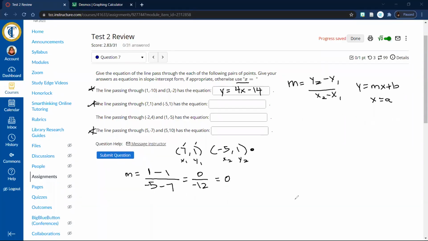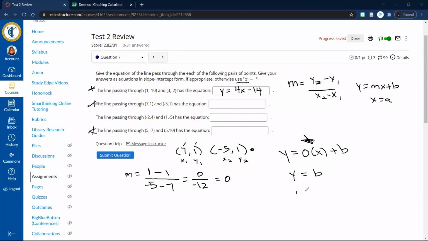Right. What this does mean though is that when we plug this in, right? What happens to this? It's just 0 goes away. Yeah, so we end up with just y equals b. And what is our y value? 1. Yeah.